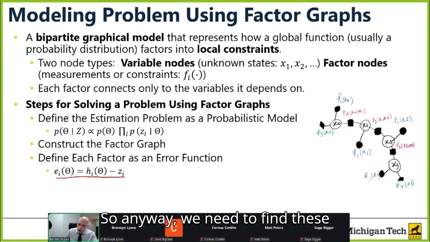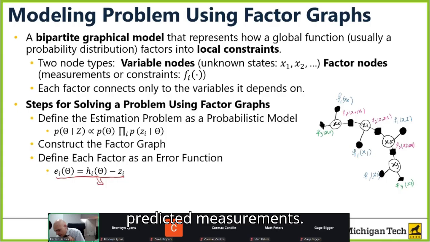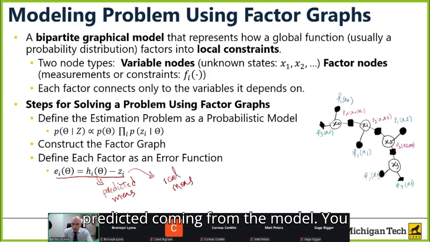So anyway, we need to find these elements. This element showing H is the predicted measurement, and this is the real measurement. The real measurement is coming from the sensor, the predicted one is coming from the model.